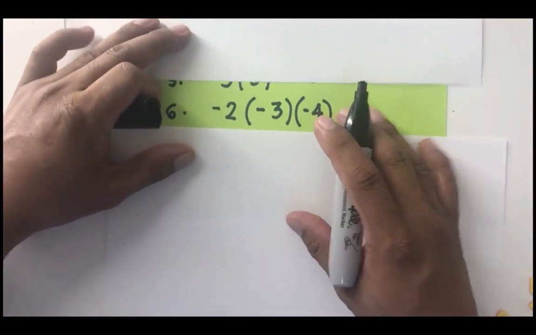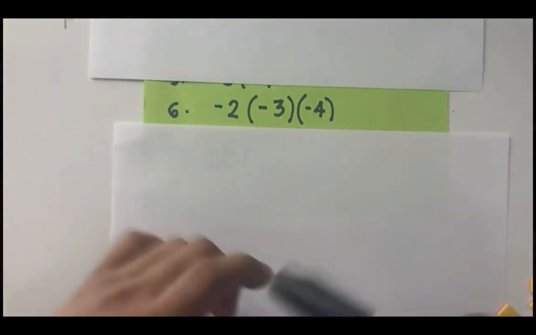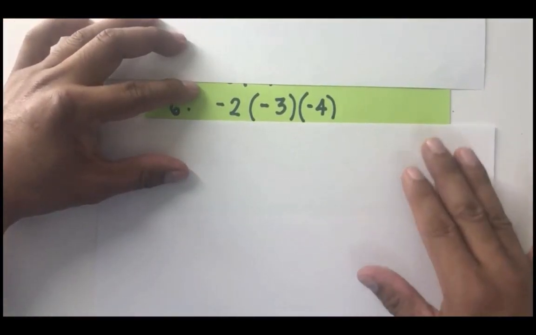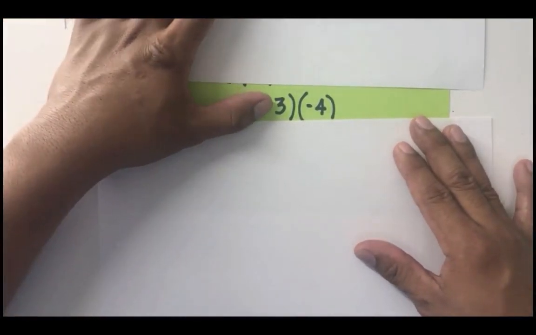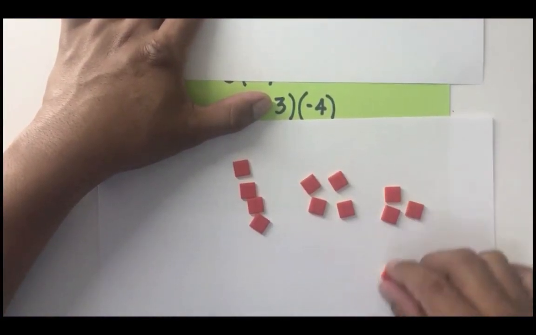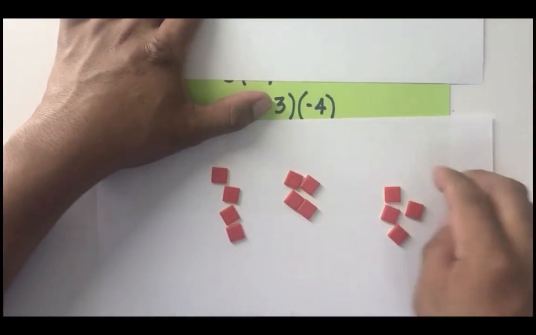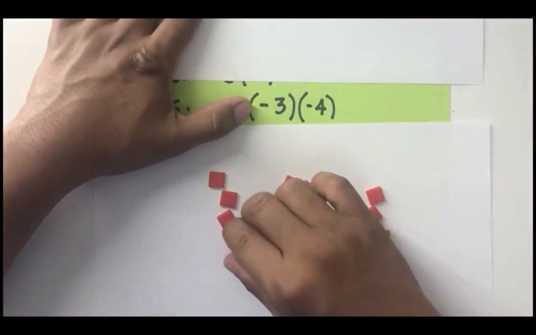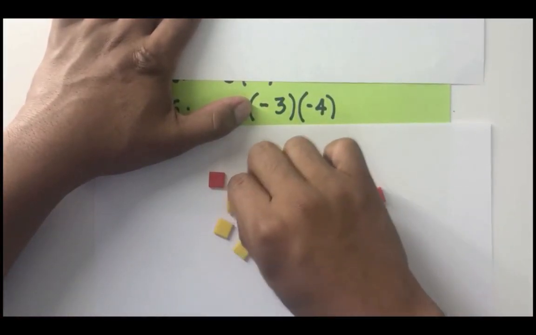What if you have several like this? You have negative 2 times negative 3 times negative 4. What you can do is cover this first. Think of this as 3 groups of negative 4. And since there's a negative sign here, we're going to flip everything over.